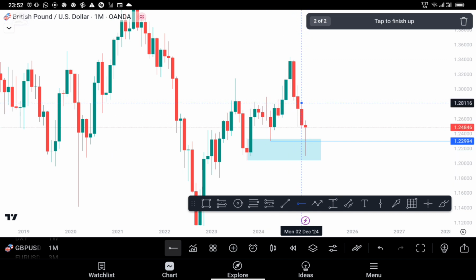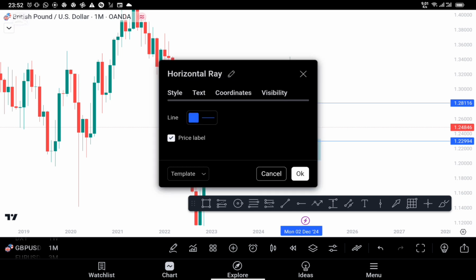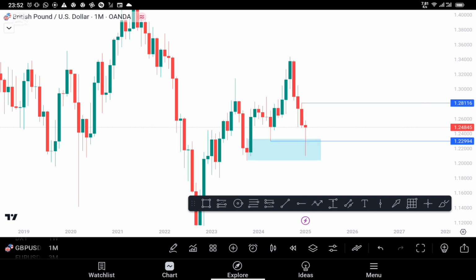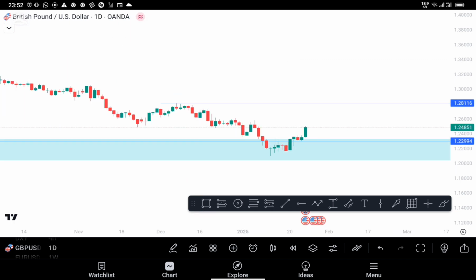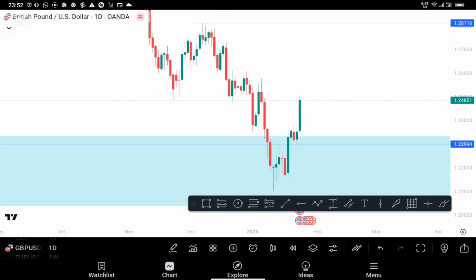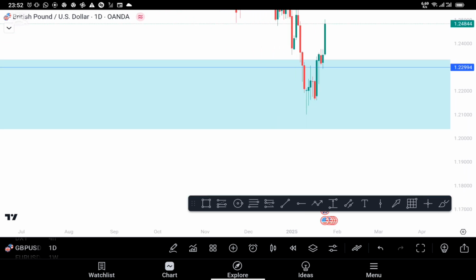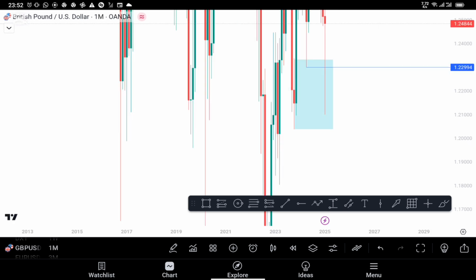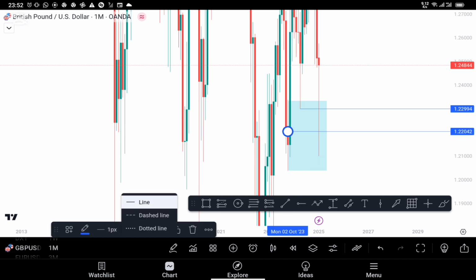Where is the next likely liquidity? Because we are dealing with candle range theory, I'm just going to look at the high, the weekly high, the December highs. Okay, so we are creating a buy model after tapping an order block on a monthly. This is the open.